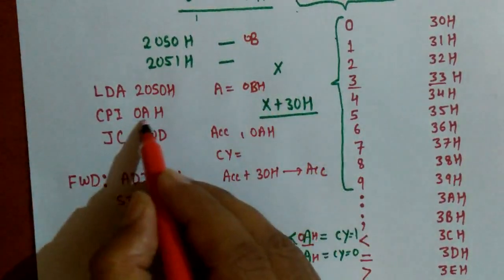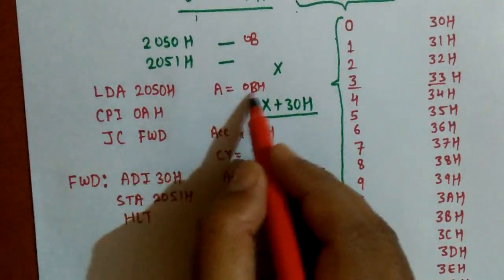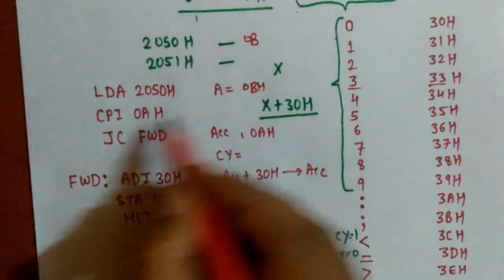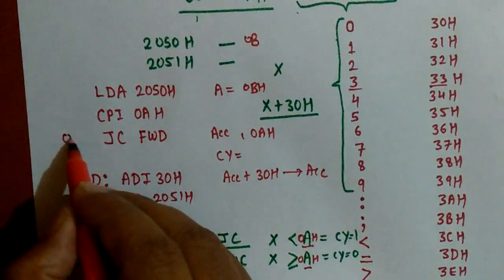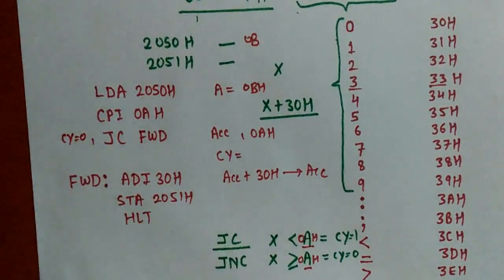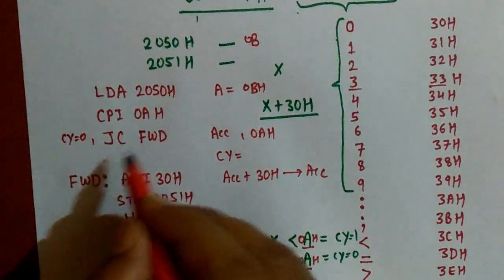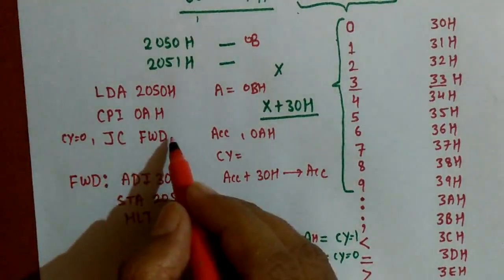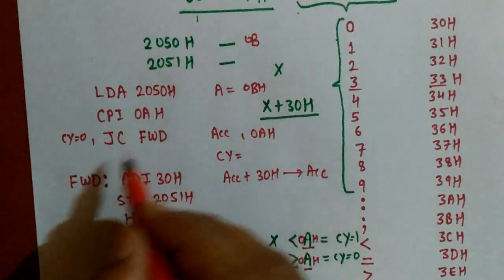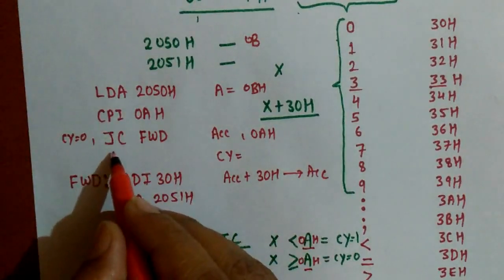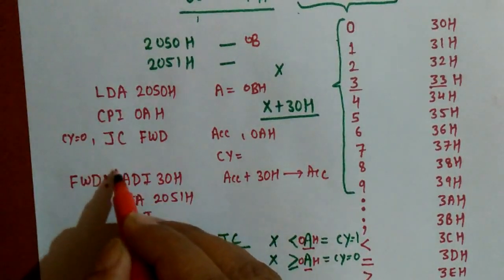That number will be compared with 0AH, and obviously as B is greater than 0AH, no carry will be generated, and carry will be 0. In that case the microprocessor will not execute the JC jump, because it finds the condition false.